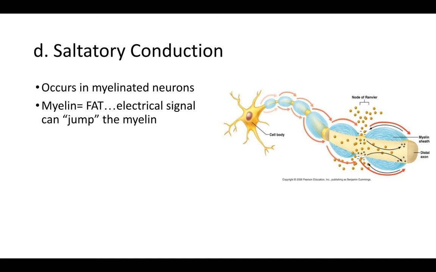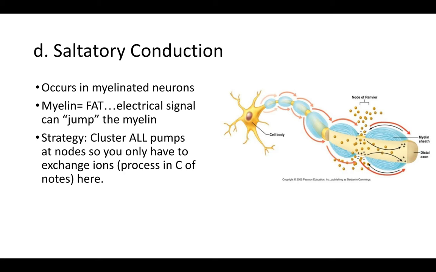So it speeds up that action potential movement from the front of the nerve cell to the back of the nerve cell. The reason that the signal can do this is in part because of the myelin, but also in part because of a strategy.